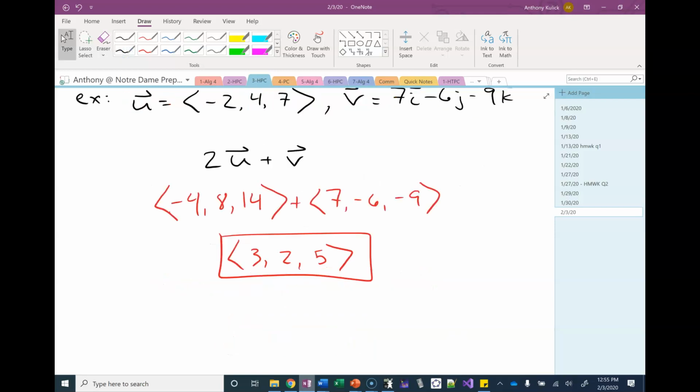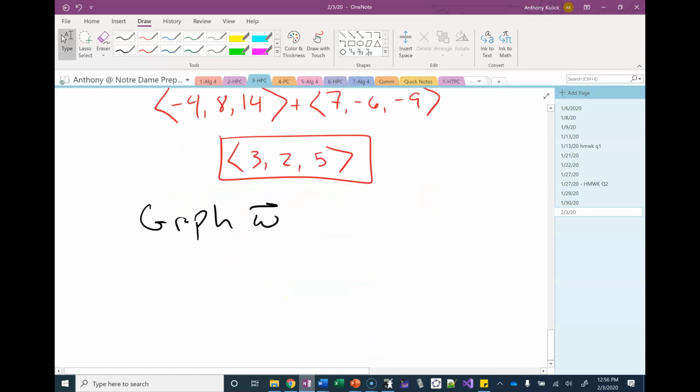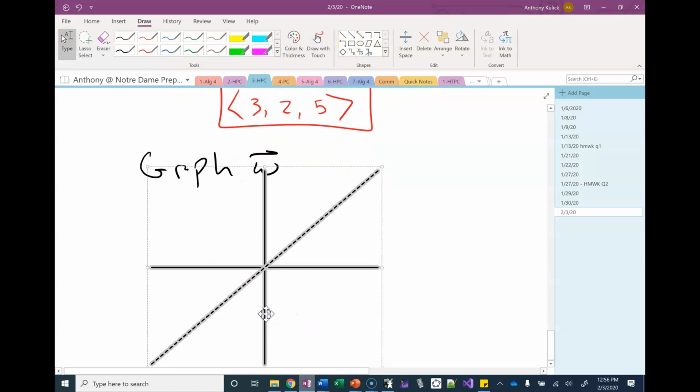Okay? And let's say I'll just call this vector W for the sake of argument. What if we wanted to graph that vector W? In 2 dimensions, how did we graph a vector in component form? I forget. Something with cosine. There was no cosines needed.